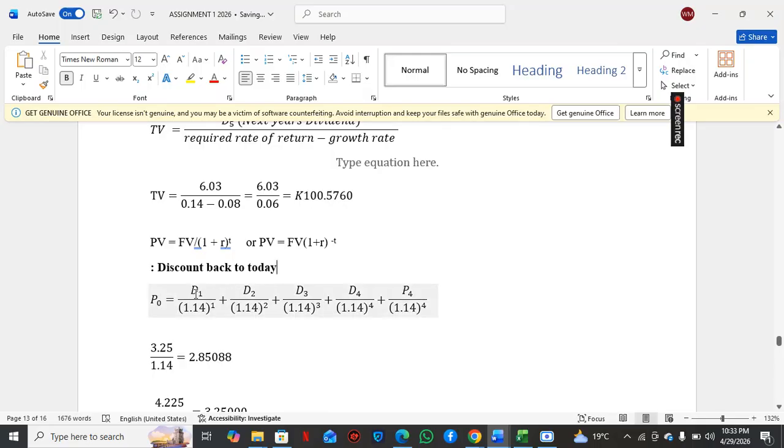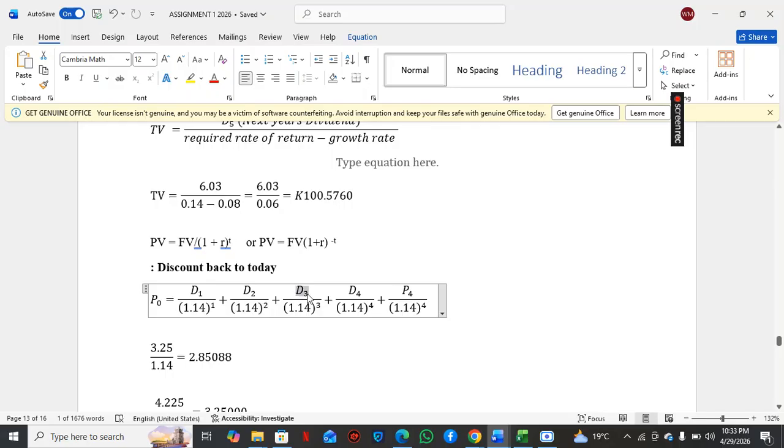So I'm using here D1 over 1.14, the expected dividend for year 1. D2 over 1.14 to the power 2, expected dividend for year 2. These powers are in line with the years.